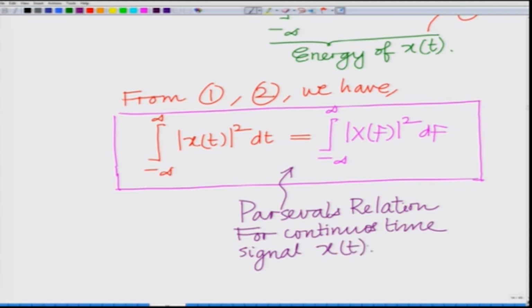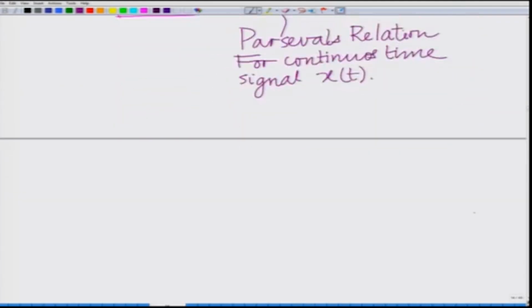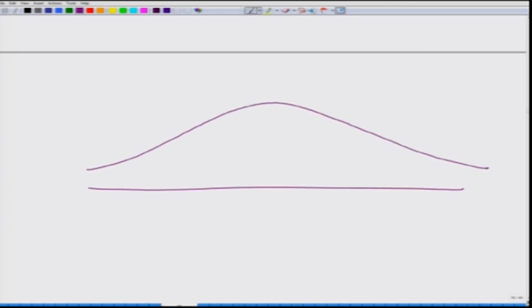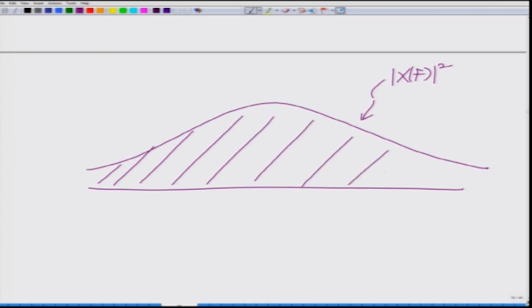x t, correct. Now, let us look at magnitude x f square. In the frequency domain, let us say this is your magnitude x f square, and this is your frequency axis.